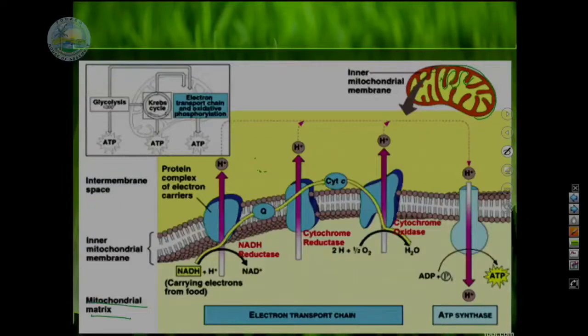You see this reddish area here. This is the intermembranal space. And what you want to have happening is hydrogen ions moving from the matrix across that inner membrane into the intermembranal space.